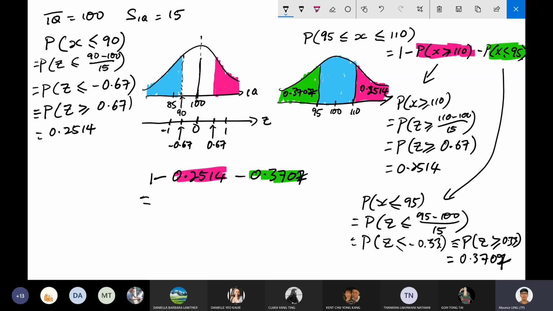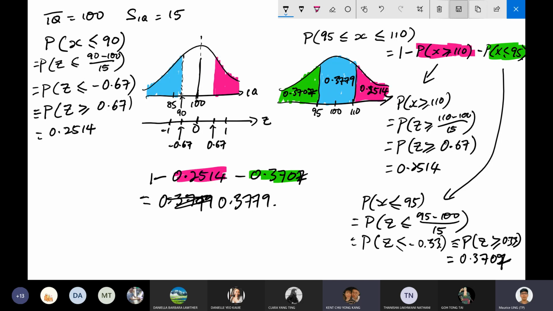Help me calculate the whole thing. The answer is 0.3779. Yep, that's how you calculate. So you have to do it step by step. If you do not know, please draw it out. That's all you need.